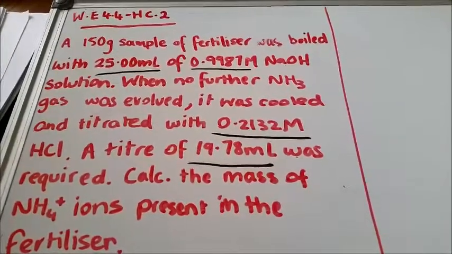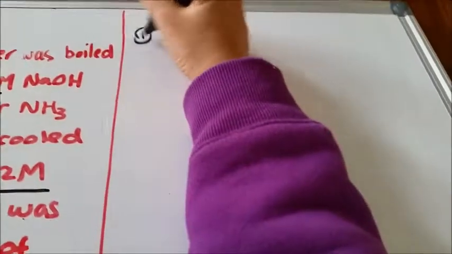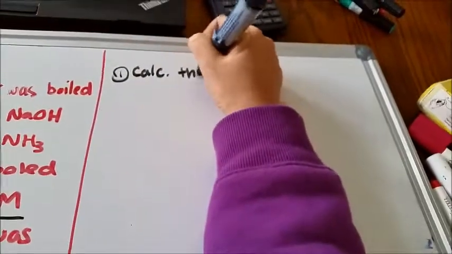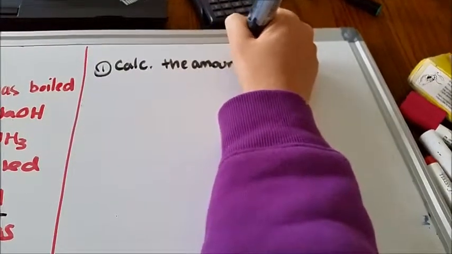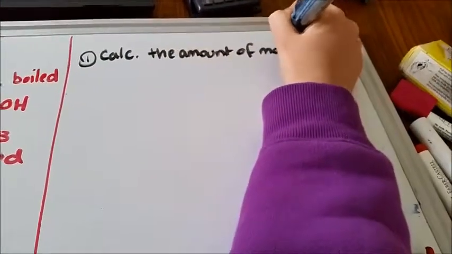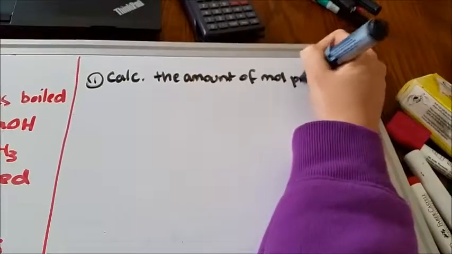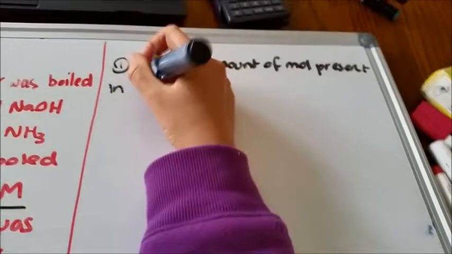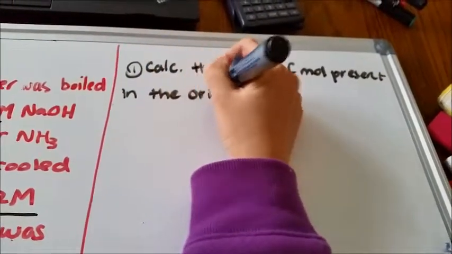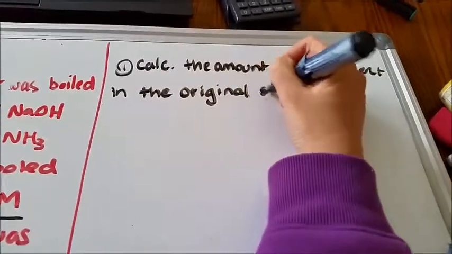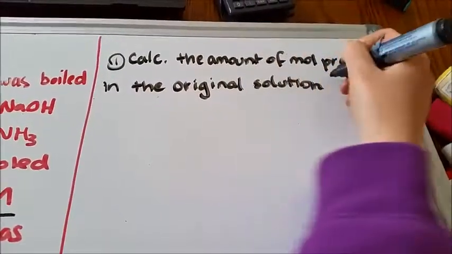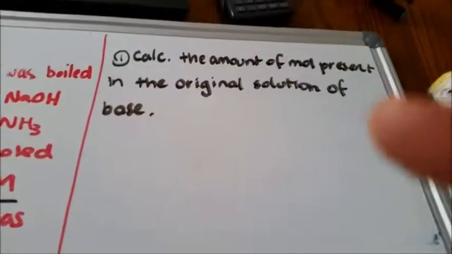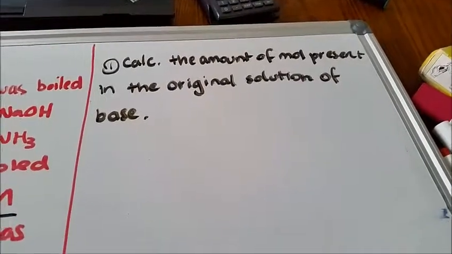So the first thing that we should do is, number one, we need to calculate the amount of mole present in the original solution of base. We can do this by looking at how much acid there is.